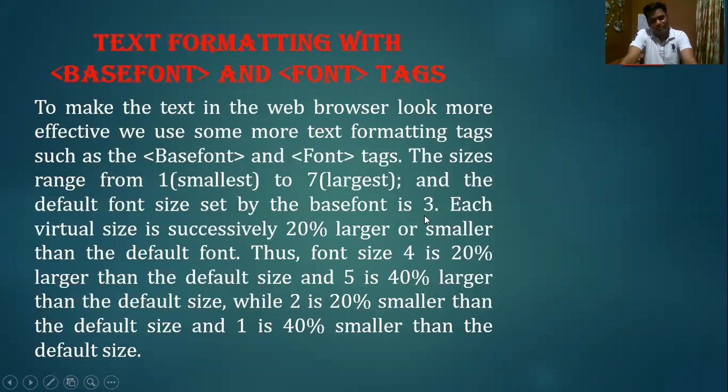While 2 is 20% smaller than the default size and 1 is 40% smaller than the default size. These are the things which you have to keep in your mind while you are creating an HTML document.